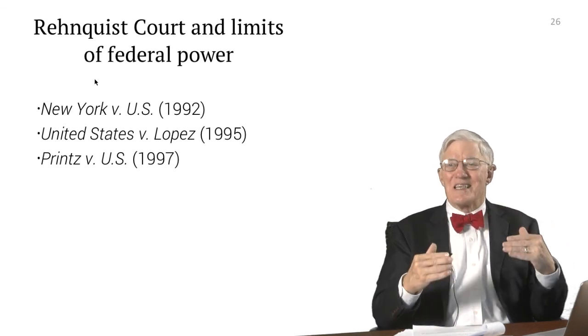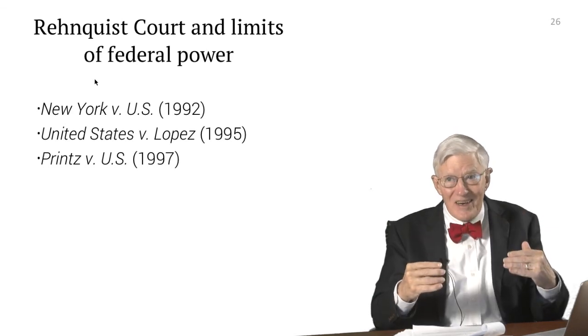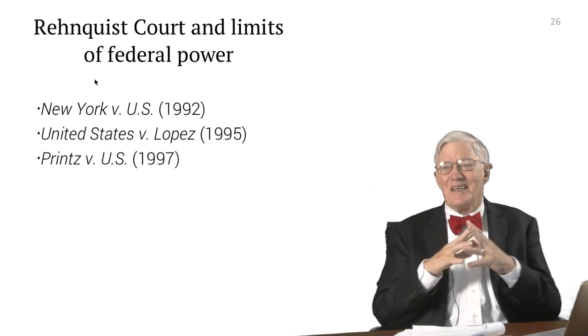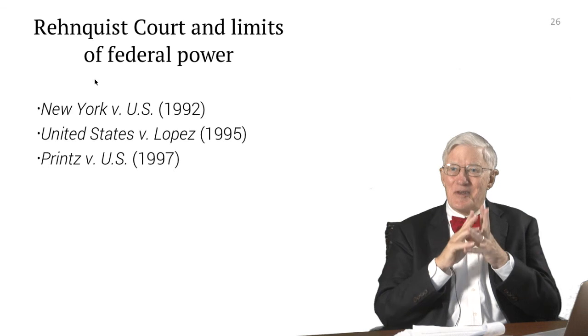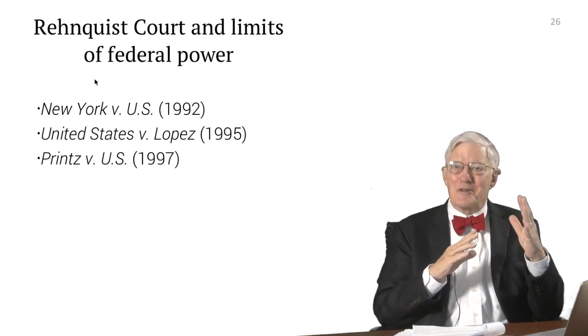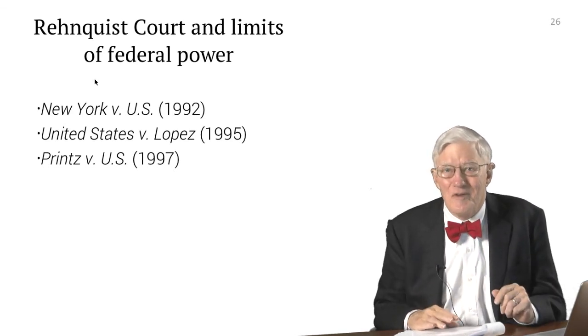And the Lopez decision said that the federal government may not commandeer, may not take over and give directions to local law enforcement officials, because that would intrude into the federal system where local officials got their instructions from state and local officials.